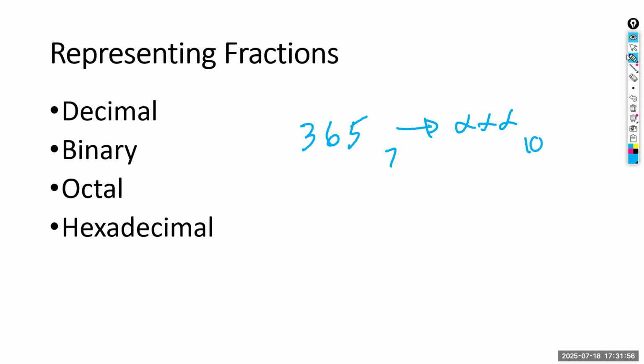What is the answer? 194. Okay, let's see whether it's 194 in base 10. Now this is base 7, so these are 7 to the power 0, 7 to the power 1, 7 to the power 2.